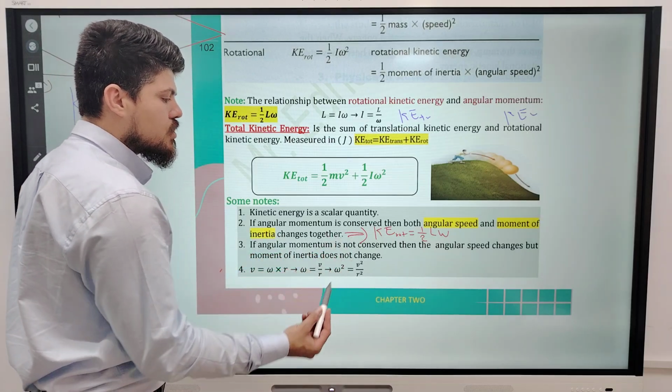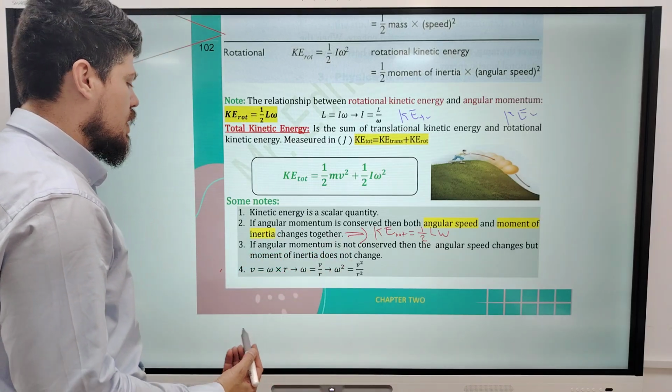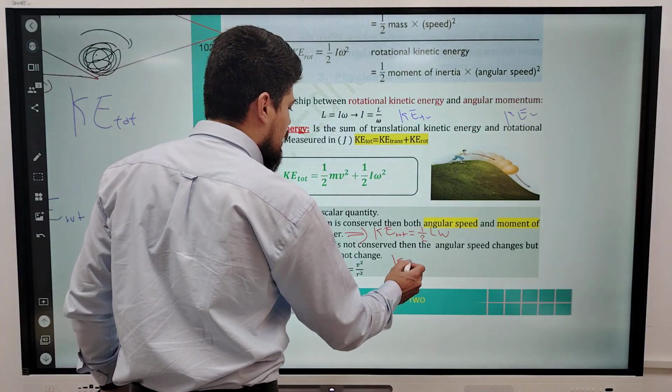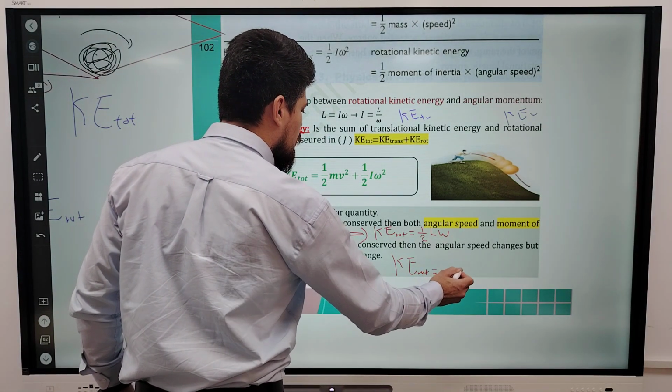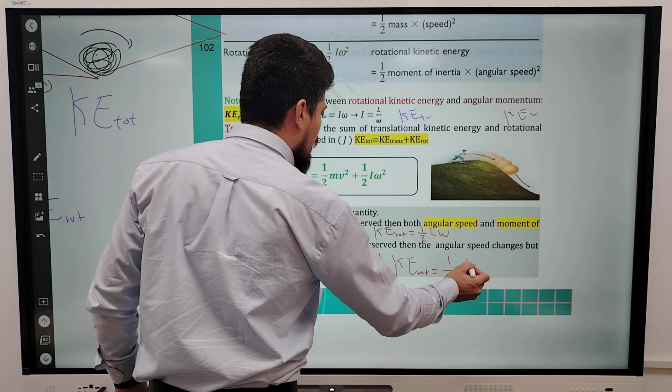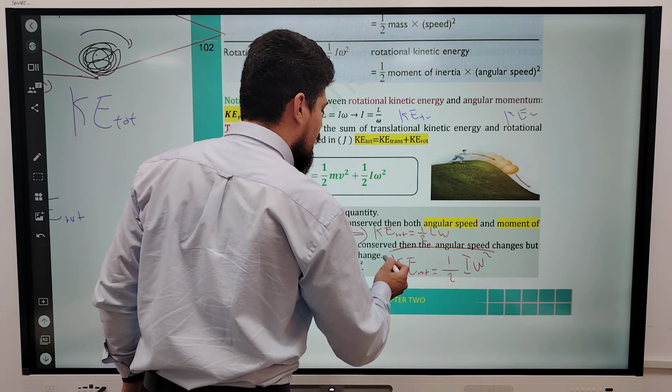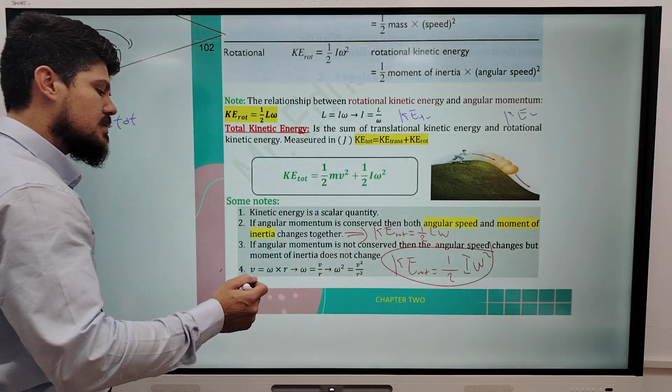But if angular momentum is not conserved, then angular speed changes but the moment of inertia doesn't change, like in a ceiling fan. In that case, rotational kinetic energy is equal to 1 over 2 I omega squared. In this case, angular momentum is not conserved.